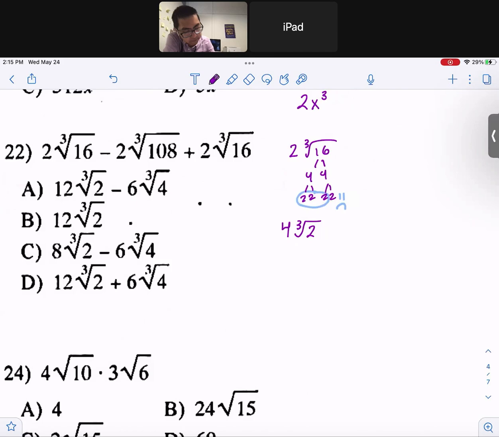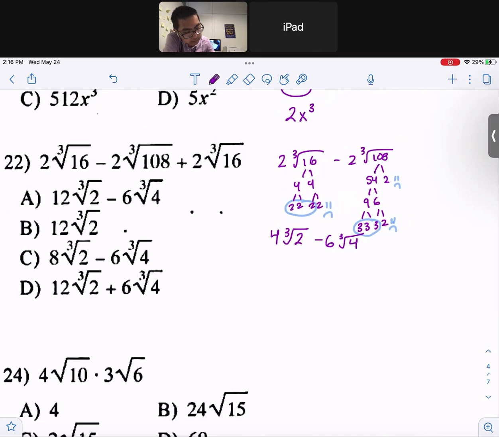Okay, this one. Again, we have to make a tree. So 54 times 2, 9 times 6, 3 times 3, 3 times 2. We found a triplet of 3s, leftover of 2s. So this triplet of 3s times this one already on the outside is going to be negative 6 cube root, the 2 leftovers, 2 times 2 is 4.